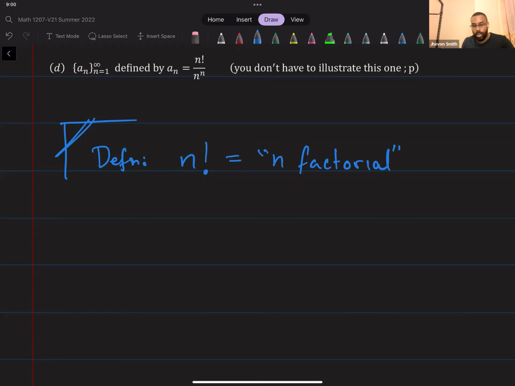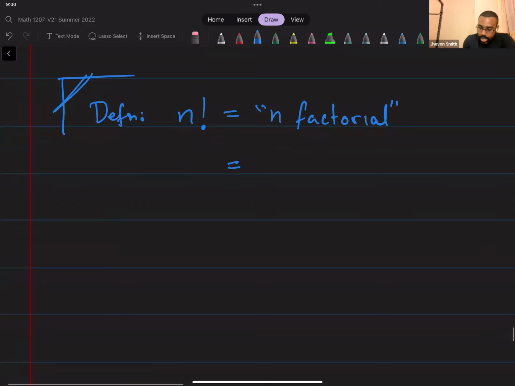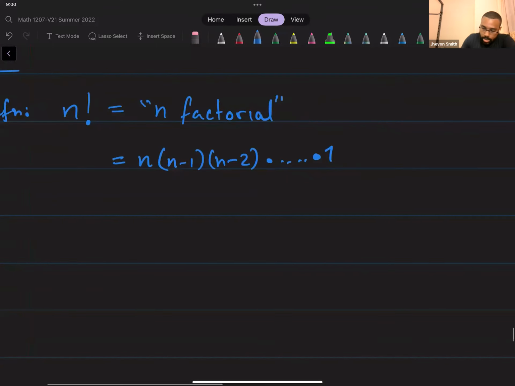And the idea is the following. If n is an integer, then n factorial is really the product of all integers from 1 up to n. So this might go down to, say, 3 times 2 times 1 for n a positive integer.